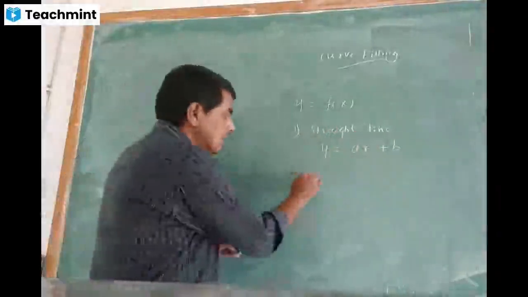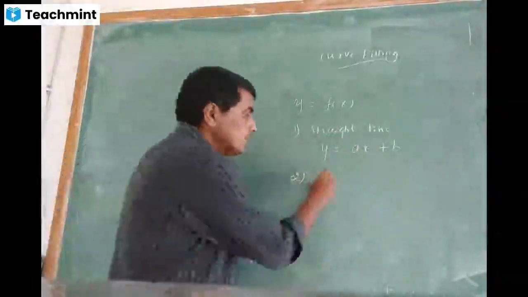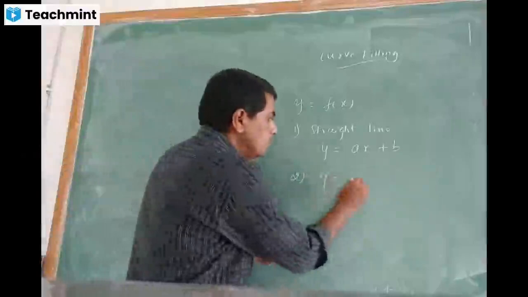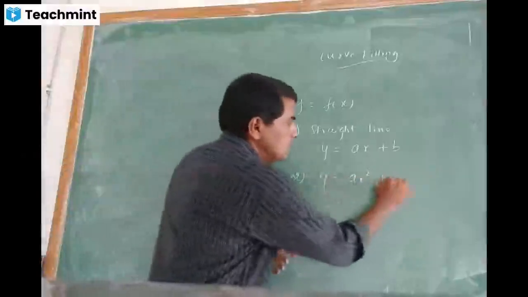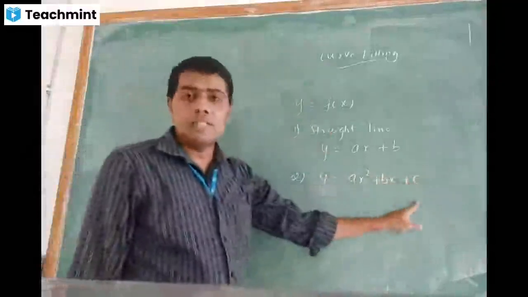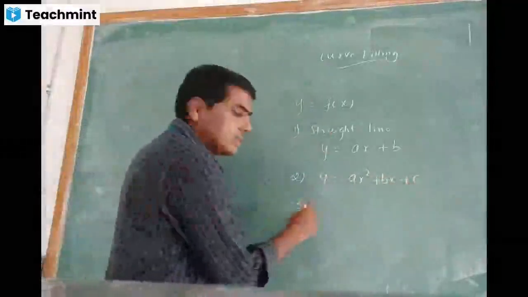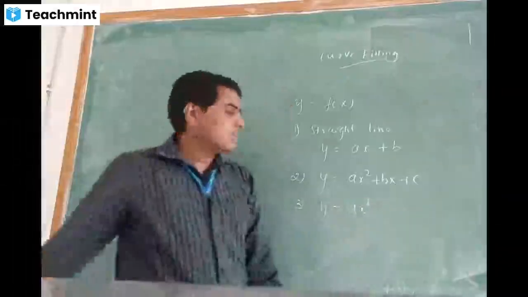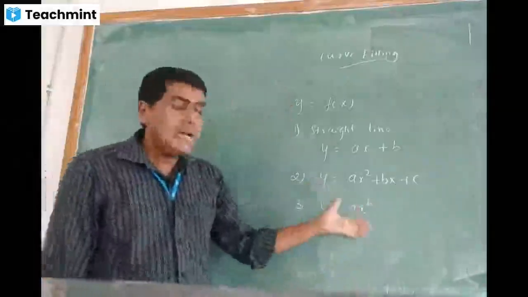Second is the second degree parabola, given by y is equal to ax square plus bx plus c. The last curve is y is equal to a x to the power b, which is considered a power function.